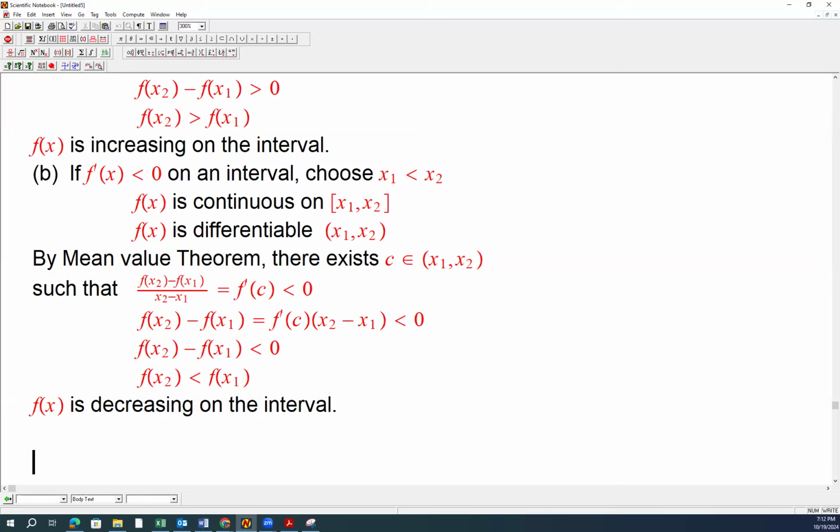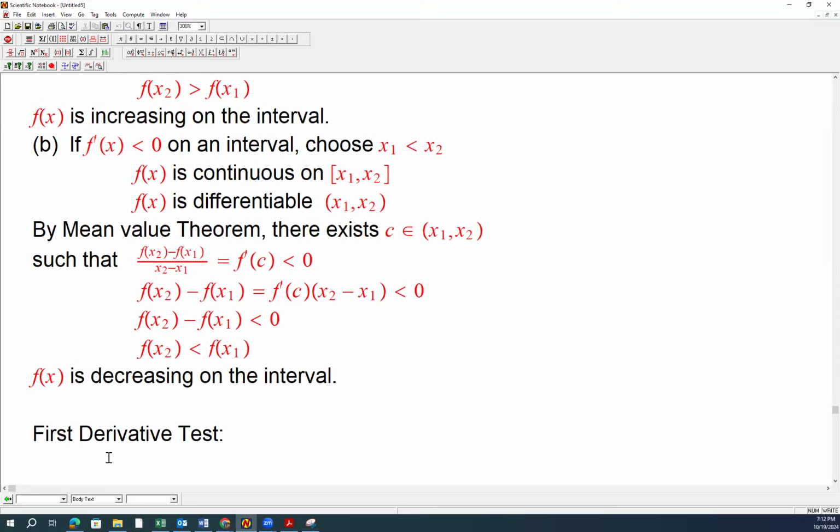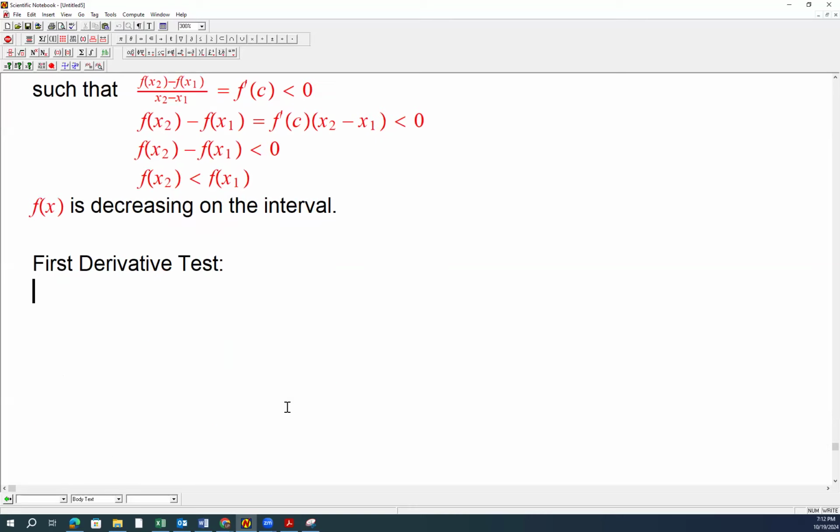Next we're going to introduce the first derivative test for local max, local min. We're going to be using the increasing test, decreasing test.